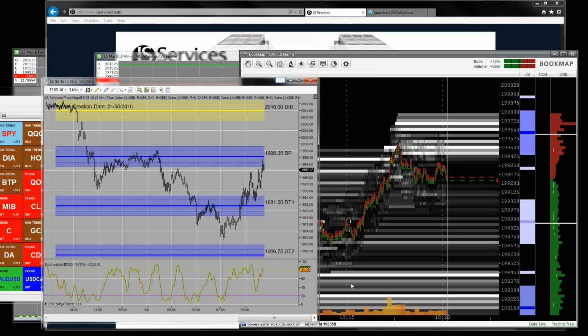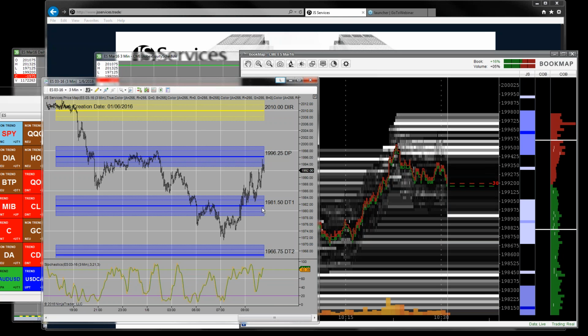Just take a look at that real quick. I'm not so interested in oscillators when they're in the middle, but now we're coming into this area, and we have a little bit of a divergence coming into this zone. That could give me some insight, an additional signal, to want to fade this area.